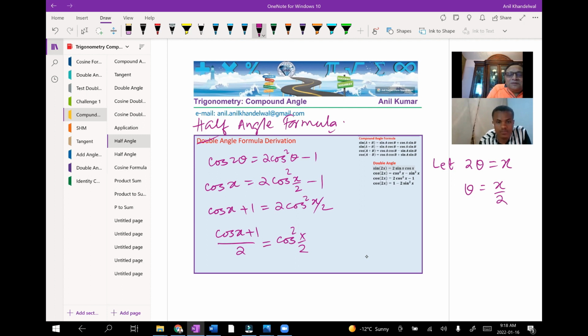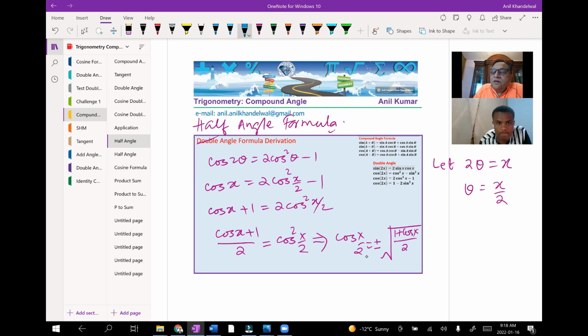If I square root it, what do I get? I get the formula for cos x by 2. And that is the square root of, I can write this as 1 plus cos x, correct? Over 2. And whenever you square root, you have to write plus and minus, right? Very important.